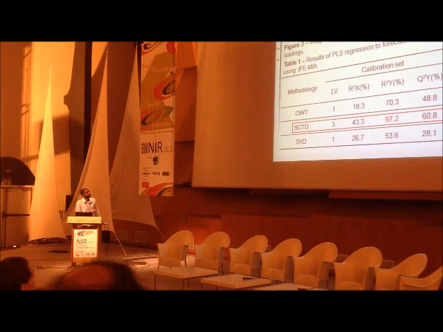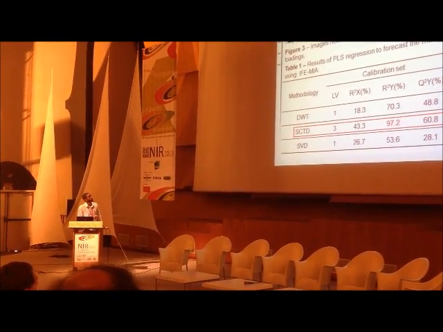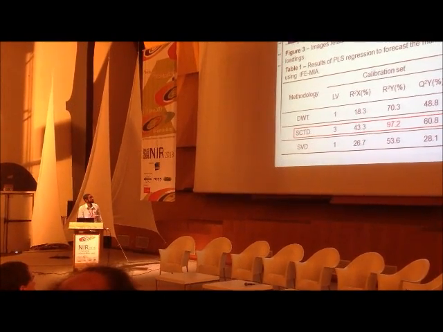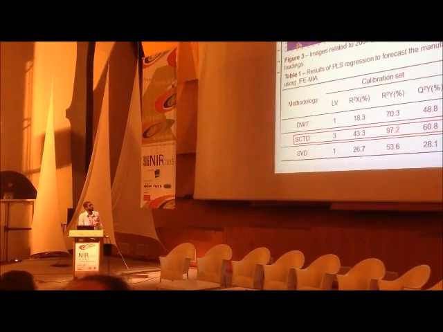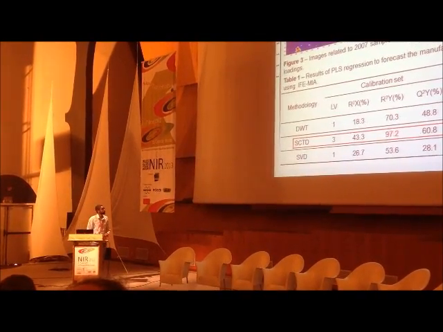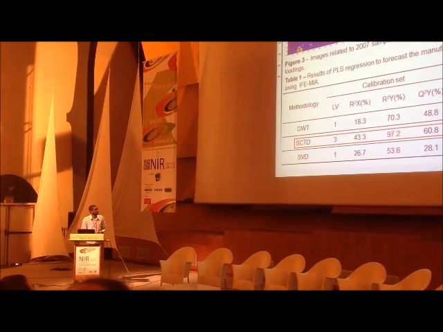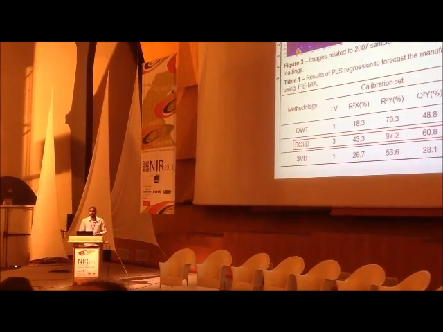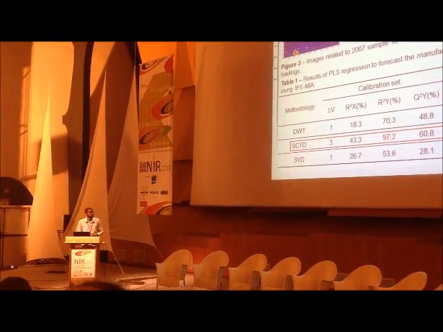And folding the score image from the third component, we see that it is quite similar to the concentration distribution map of the captopril. And with the PLS model, the SURF quality descriptors show the best results to predict the manufacturing date.